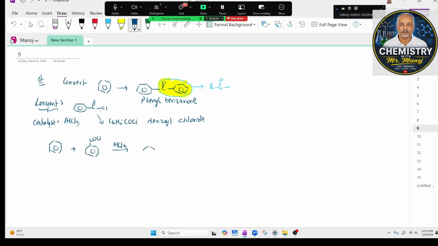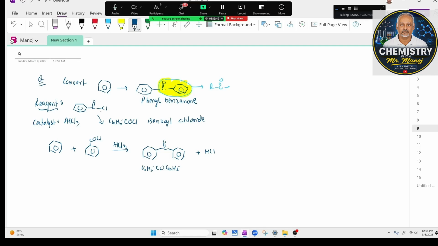One H of the benzene gets kicked out, and the Cl of that gets kicked out. So that CO becomes the bridge, and I connect the second ring onto it. And then I have HCl. That's it, nice and easy. That's C6H5COC6H5, diphenyl ketone.